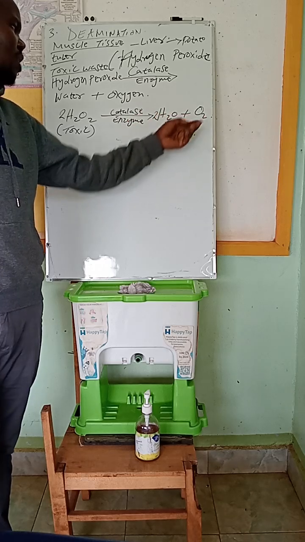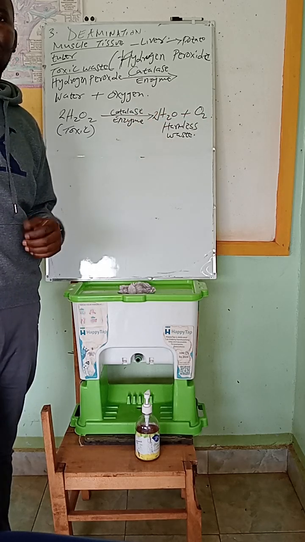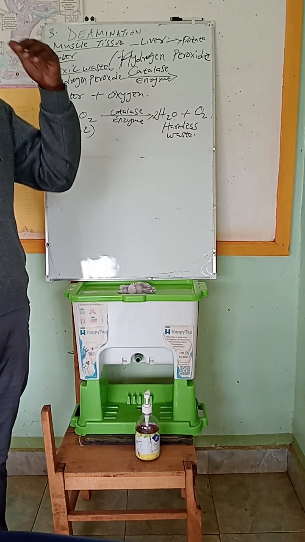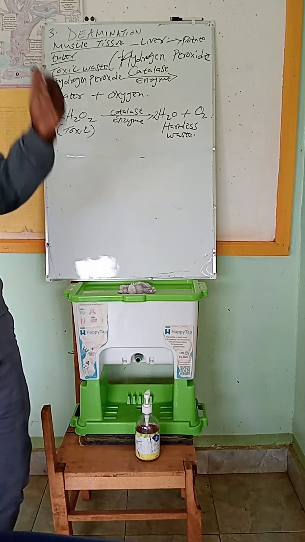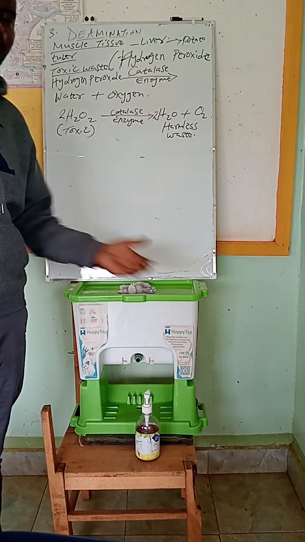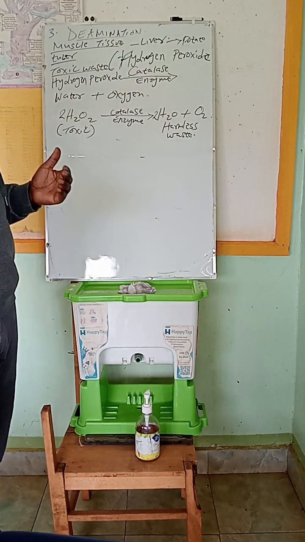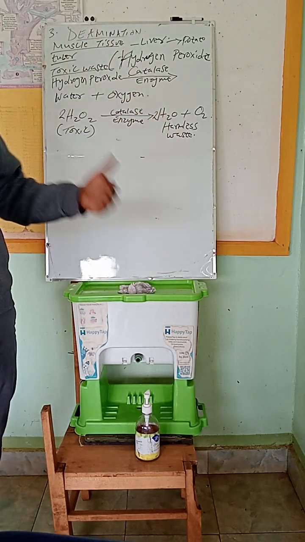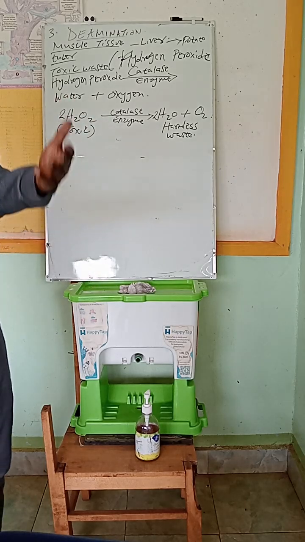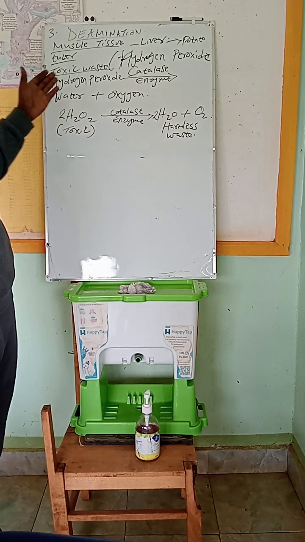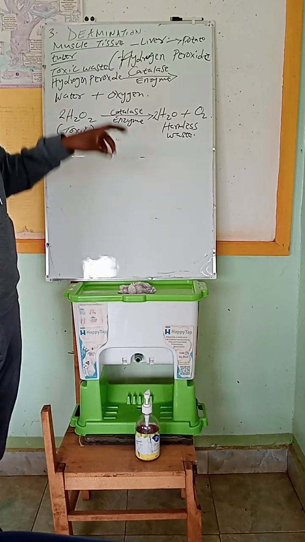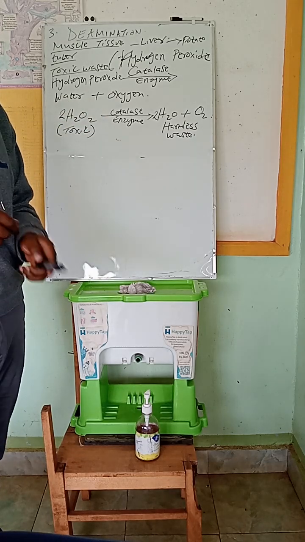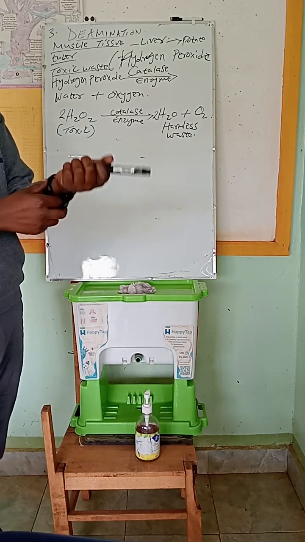So the water and the oxygen are harmless. We are speaking about detoxification: you either break it to less harmful or harmless. The one which breaks to less harmful is ammonia, broken down to urea plus water. The one that we can break to a harmless substance is hydrogen peroxide. And you know the effects of hydrogen peroxide if it accumulates within our bodies.